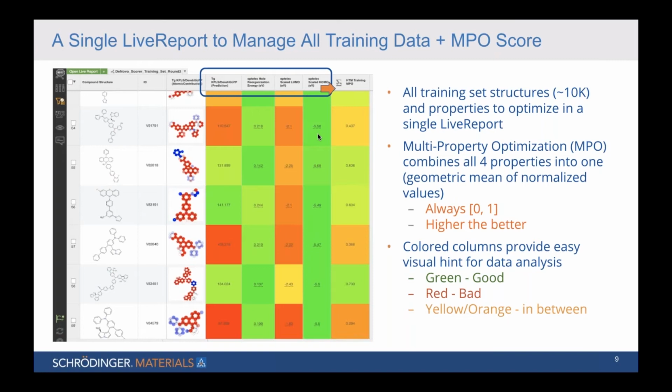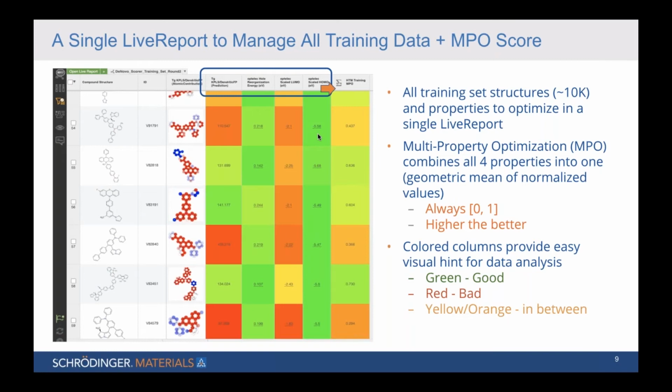In LiveDesign, a very convenient way to do that is what we call multi-property optimization, or MPO, which can combine an arbitrary number of properties into a single numerical value that is always between 0 and 1, with 1 being the best, satisfying all the criteria the user specified for the properties, and 0 meaning the least.